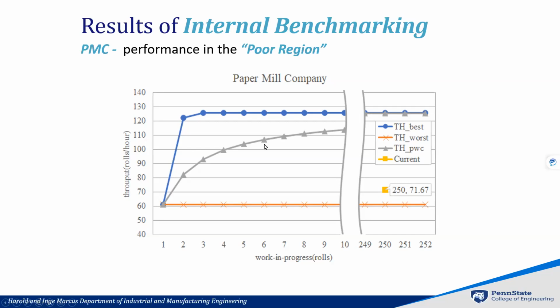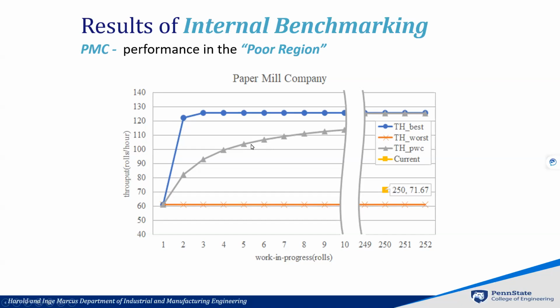So this serves as our benchmark. If we had on average 6 rolls of WIP in the system, and the average throughput was, let's say, 110 rolls per hour, then we'd say this system is doing better than the practical worst case, which means it's doing pretty good. If, on the other hand, the throughput was much below the corresponding gray point on the gray curve, then we know there's lots of opportunity to improve.